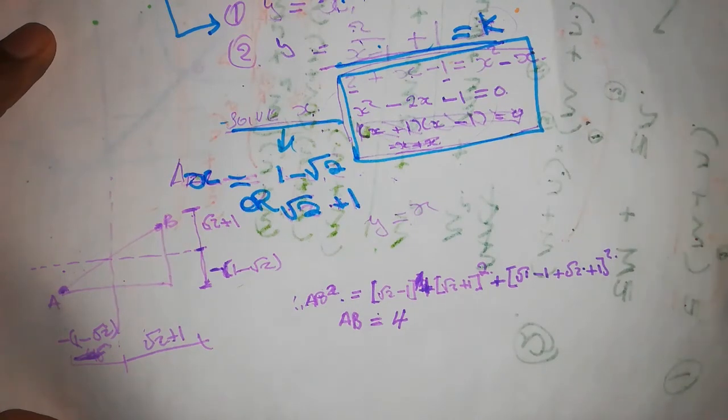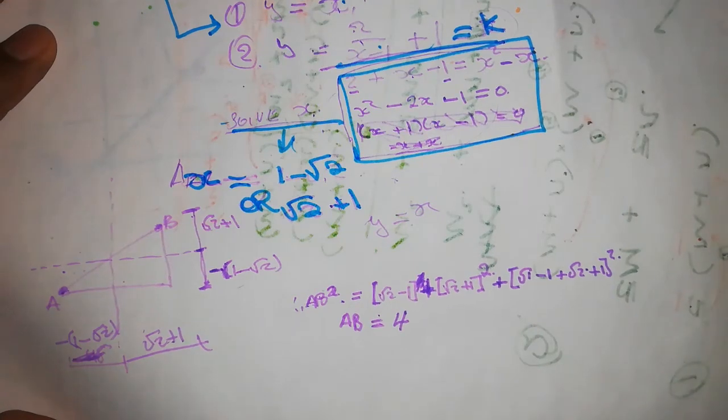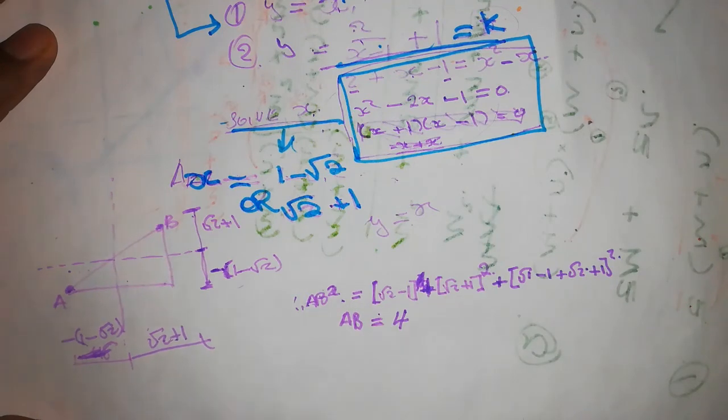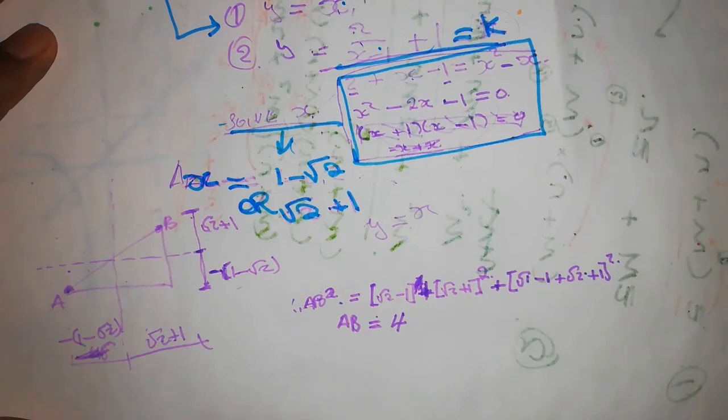We do the same thing with the y direction, where we are moving from point A to the line y equals x. That's a negative of 1 minus √2, plus the distance from the line to B, which is √2 plus 1.